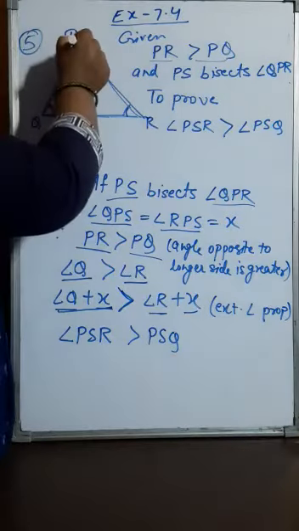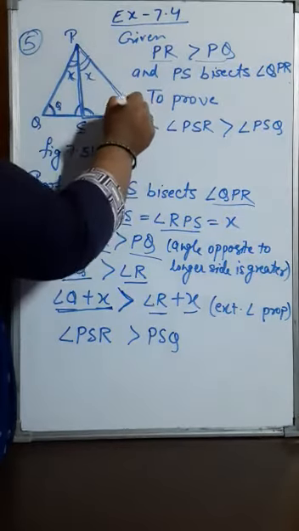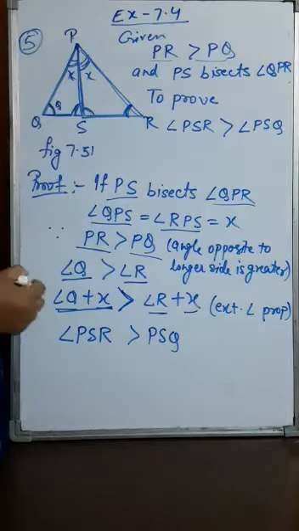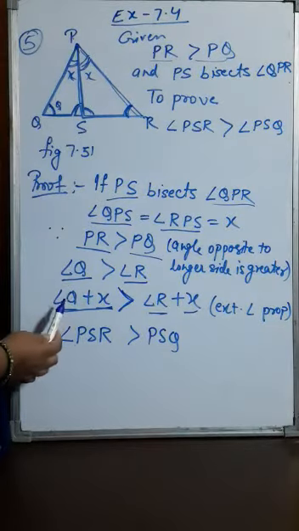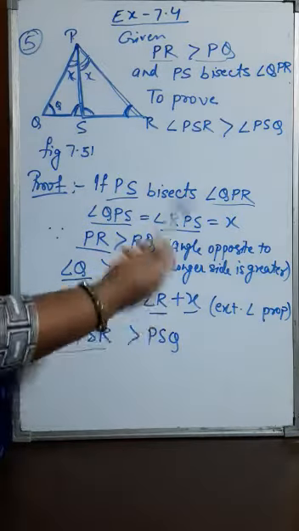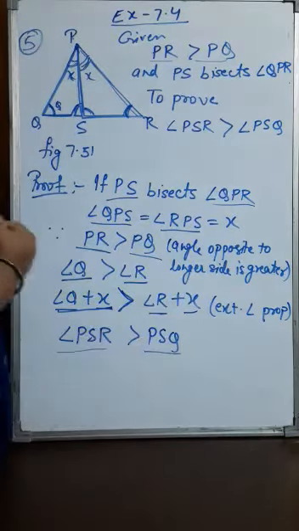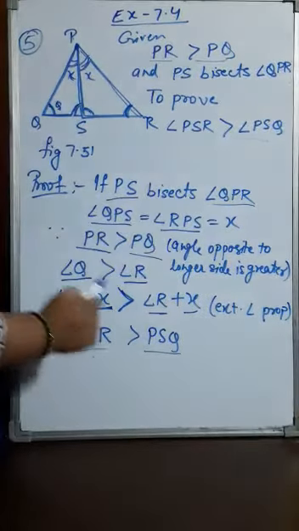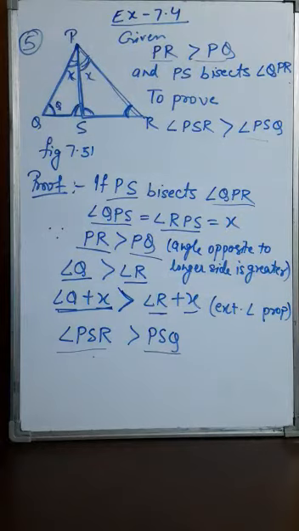Similarly, in triangle PSR, angle R plus angle X will be equal to angle PSQ. So on the left hand side, we put PSR for angle Q plus X, and on the right hand side, we put angle PSQ for angle R plus X. So we got the required result that angle PSR is greater than PSQ.